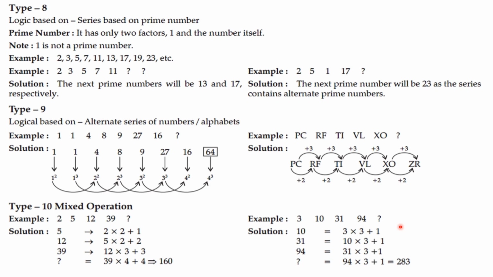Solution: 10 is equal to 3 into 3 plus 1, 31 is 10 into 3 plus 1, 94 is 31 into 3 plus 1. So 94 into 3 plus 1 is equal to 283.